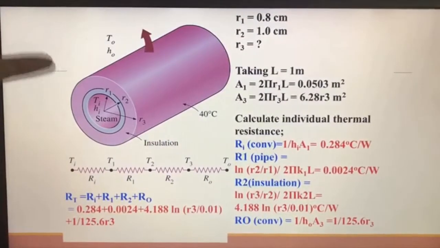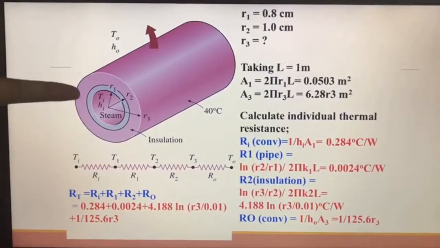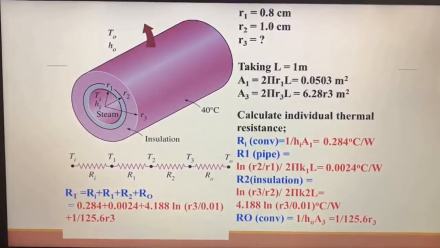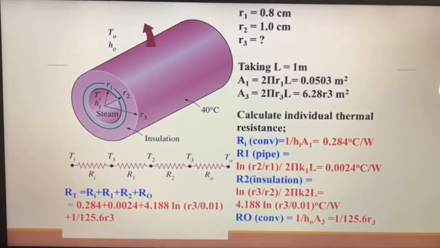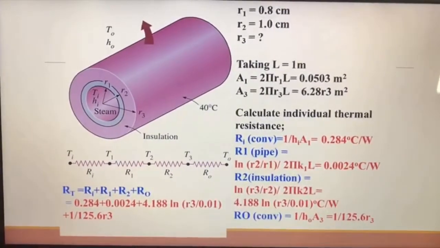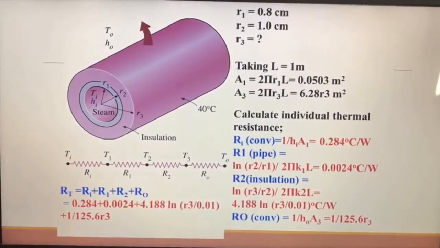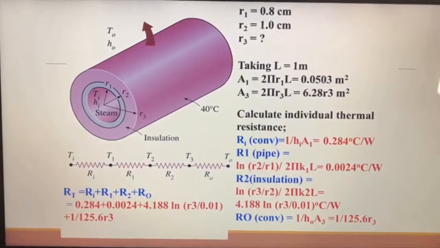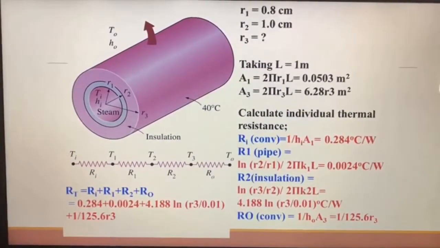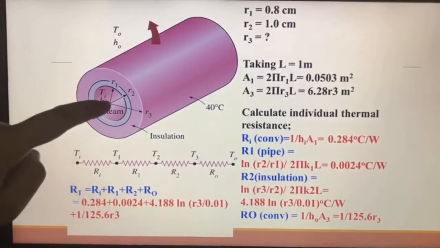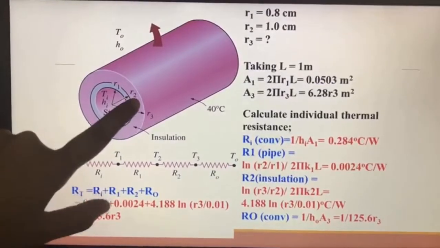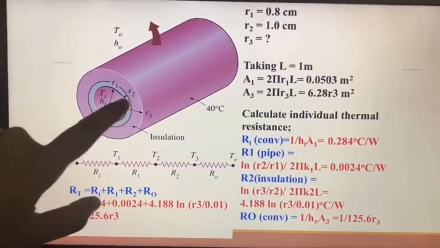So this is the figure of the insulation, which is a cylinder. The diameter is given, which is 1.6 cm. So from the diameter we can obtain the radius, which is divided by 2. So we get 0.8 cm. So this is R1. Kalau R2, dia dari sini ke thickness ni hingga ke wall of the insulation.